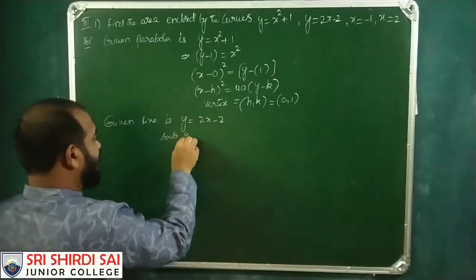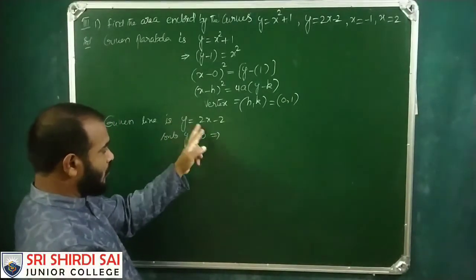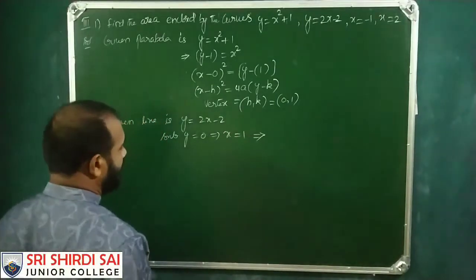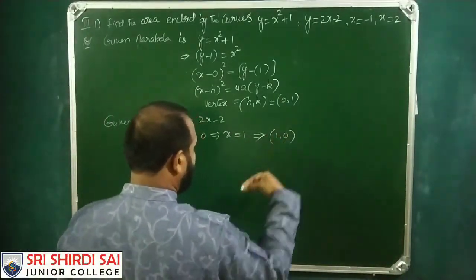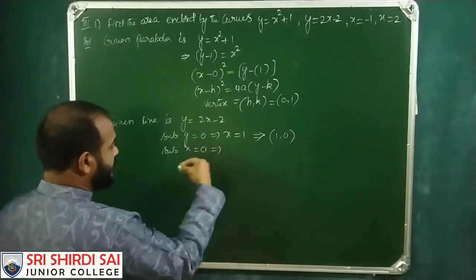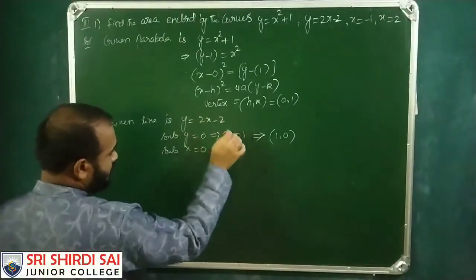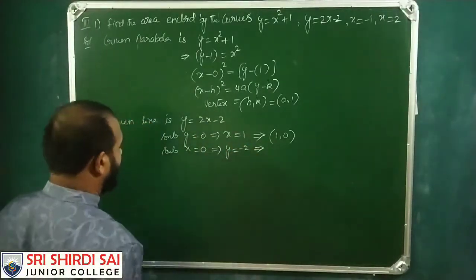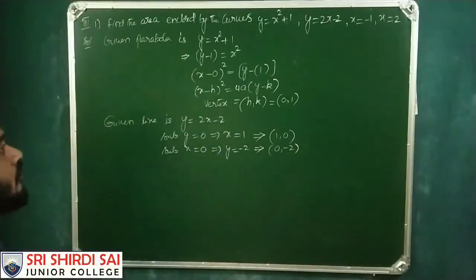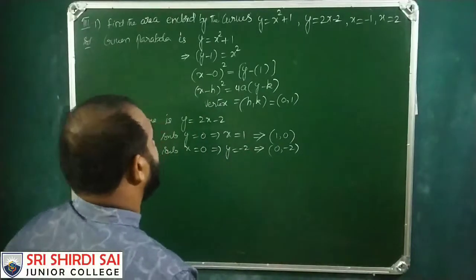Substitute y equals 0, then 2x minus 2 equals 0, 2x equals 2, x equals 1. So this is 1 comma 0. Substitute x equals 0, y equals minus 2. This is 0 comma minus 2. So with the help of this available data, we can draw the diagram.